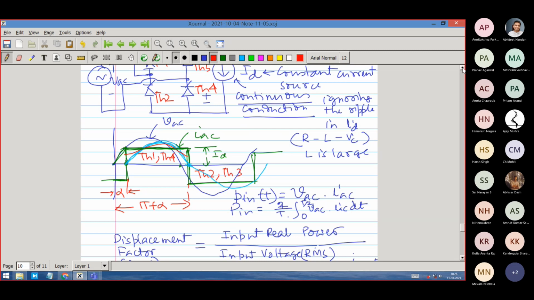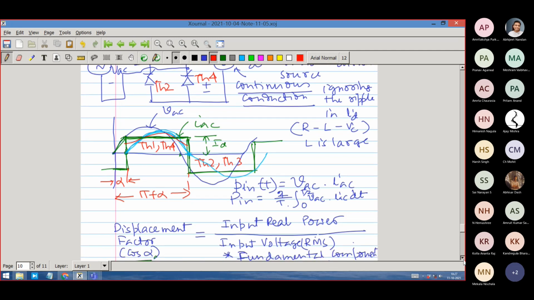Since it is just a rectangular wave, you can easily find the RMS value of this current. In fact, it is ID. ID is the RMS value of this current. That is true, but not in all cases.